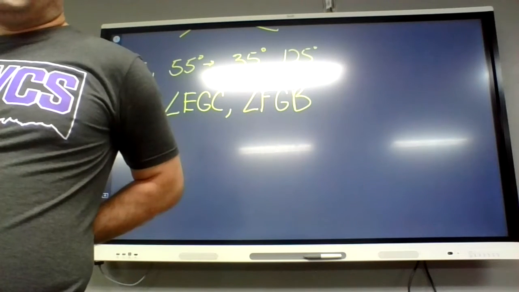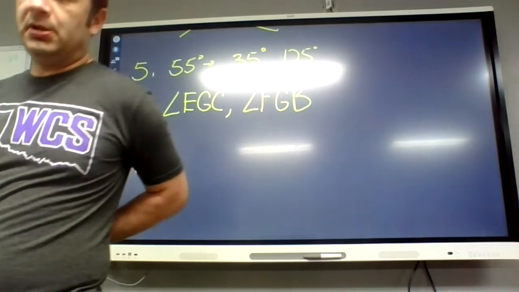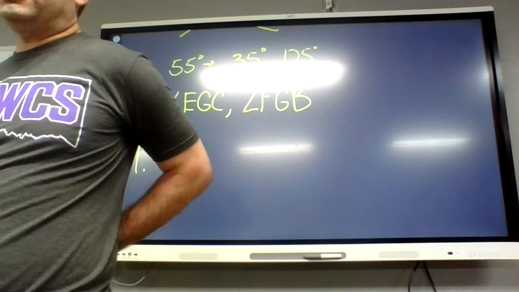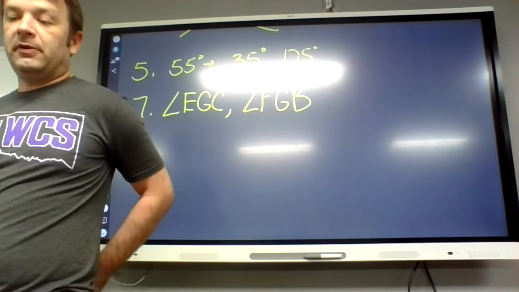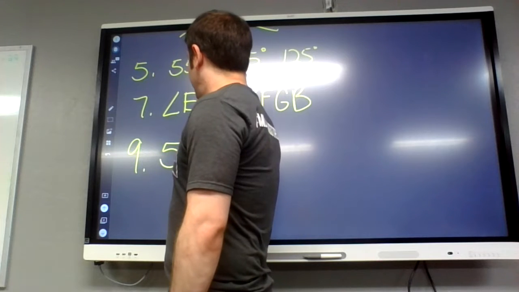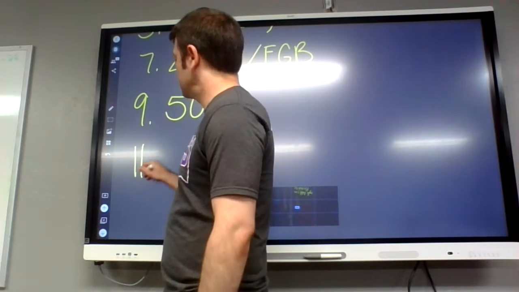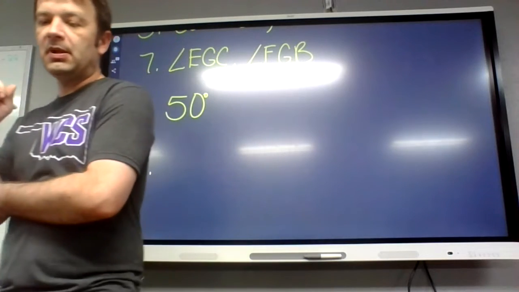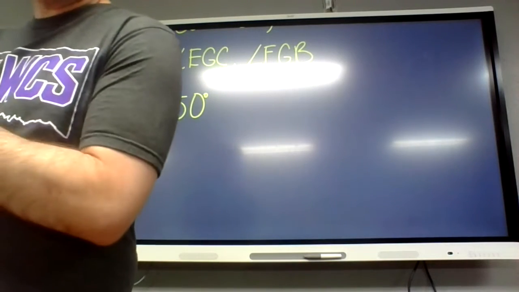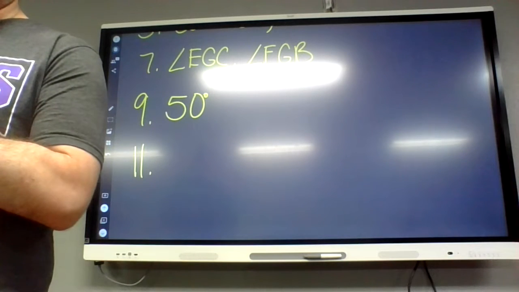Okay, number 9 says find the measure of angle FGE, which we already talked about, 50 degrees, because it's a vertical angle with that other 50-degree angle. Number 11 says find the measure of angle BGD.